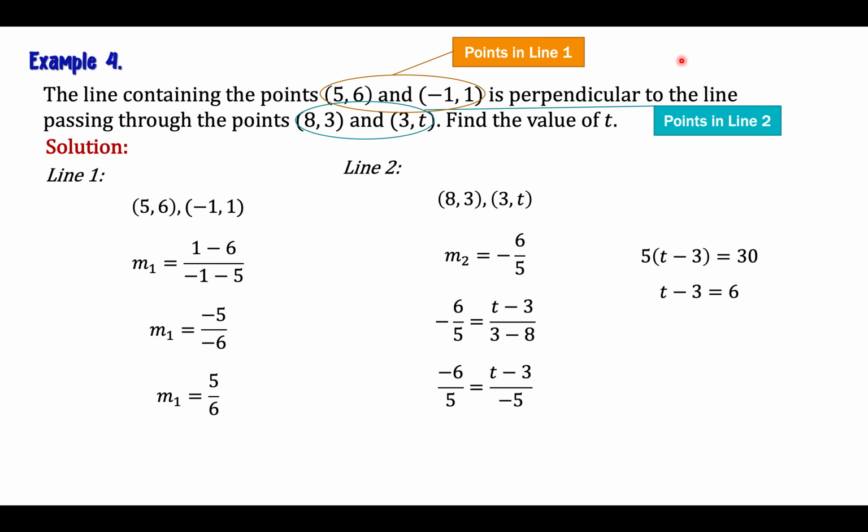Transposing -3 to the other side will have positive 3, so that should be positive 9. Therefore, the value of t should be 9. So that's it. No need to find its equation, just find its slope. And that's the easier way to solve this problem.